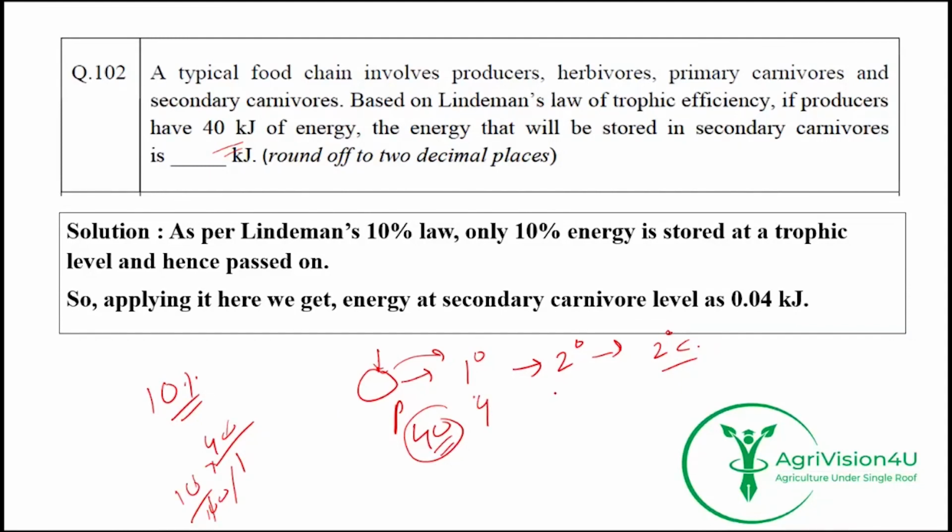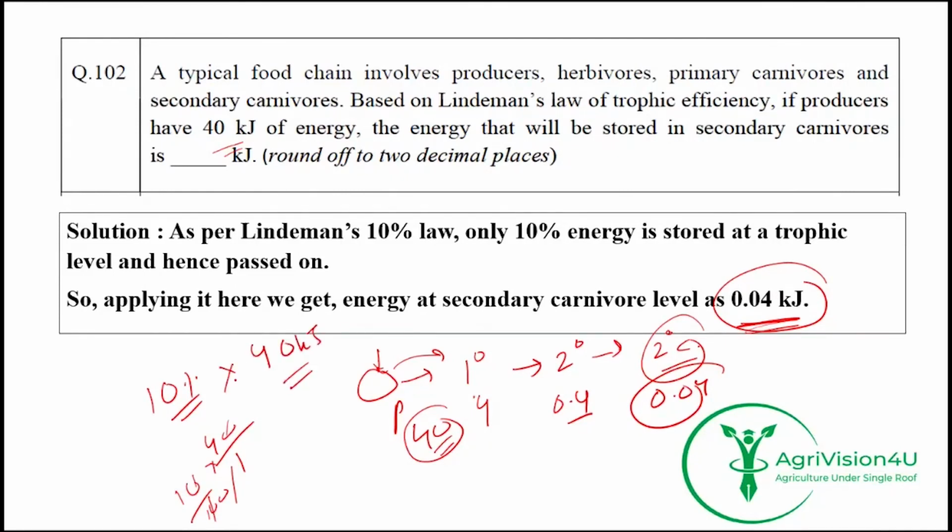Here we have 4, here we have 0.4, and in secondary carnivore we have 0.04. So the correct answer would be 0.04 kilojoule. So we can easily solve by this. 10% of 40 kilojoule. The answer would be 0.04 kilojoule. So again a very easy question.